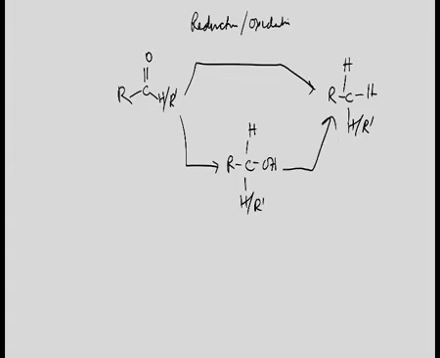So, this aldehyde group can be converted to the alkane, and we know these conditions. So, A is zinc, this is the Clemmensen condition, zinc amalgam, HCl. This is acidic condition. Basic condition, the Wolff-Kishner, that we know.